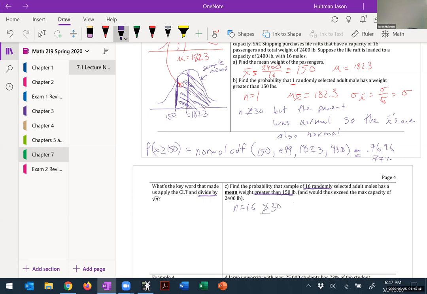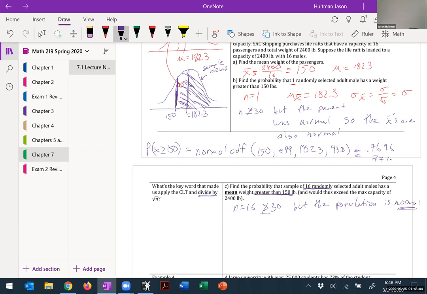But again, the population distribution is normal, and so I can still use the central limit theorem to say this is going to be approximately normal when I take the distribution of the means.